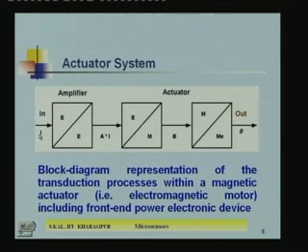If I is the input, the output you are getting is A star I, where A is the amplification or gain. Okay. So, now this A star I, which is basically an electrical quantity, is fed into another block. The electrical quantity goes in, but the output is magnetic energy. So, electrical changes to magnetic.